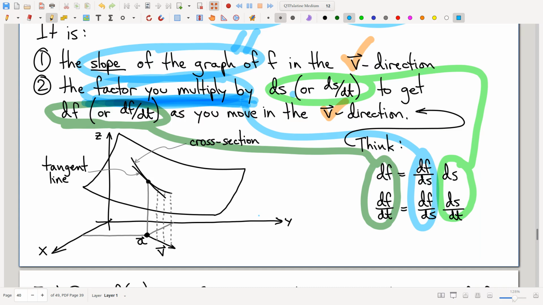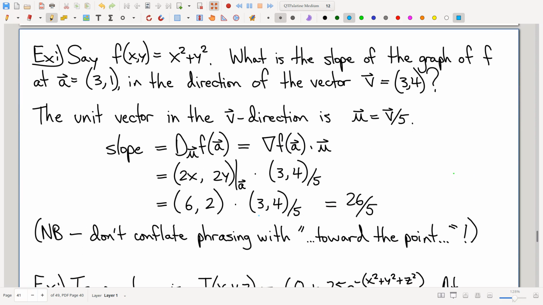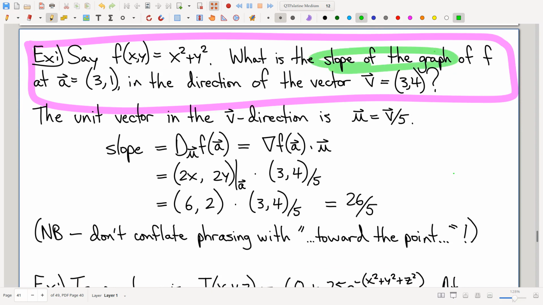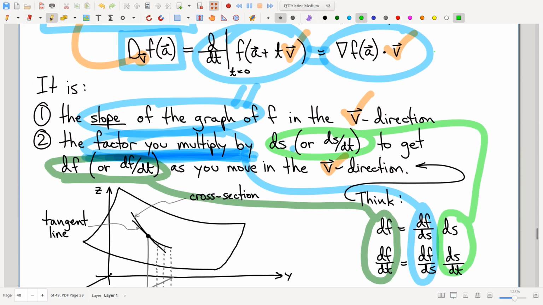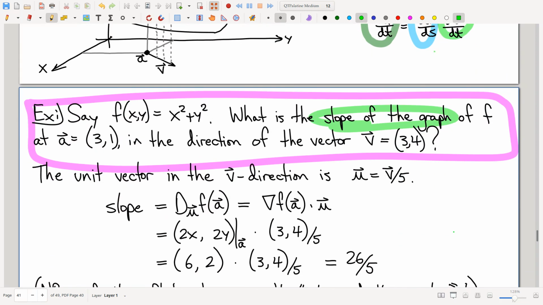Okay. All right. So let me show you all an example. Here is a question. It's a bunch of given particulars, and it asks, what's the slope of the graph? Let me do this in blue, keep my colors straight.